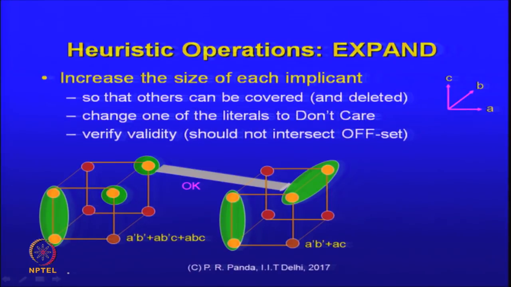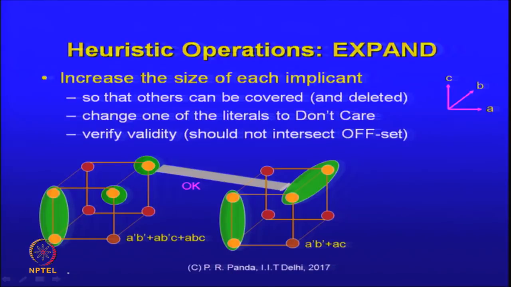So, let us take a little more detailed look at some of those operations, first of which is an expansion. This just refers to the implicants that are given to us that we start off with, and they cover that n dimensional space where n is the number of Boolean variables in terms of which the function is composed.